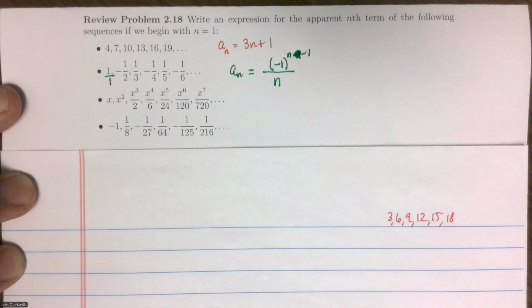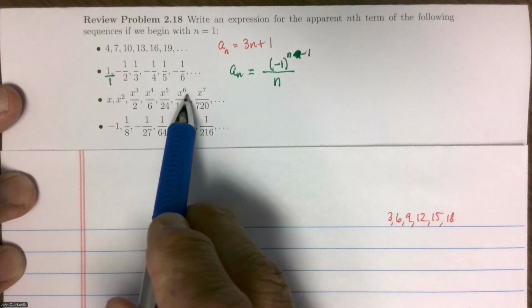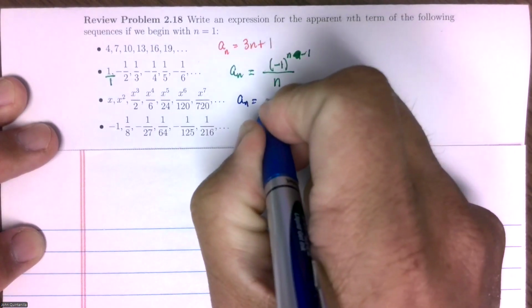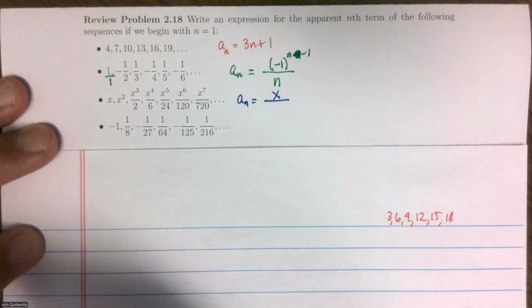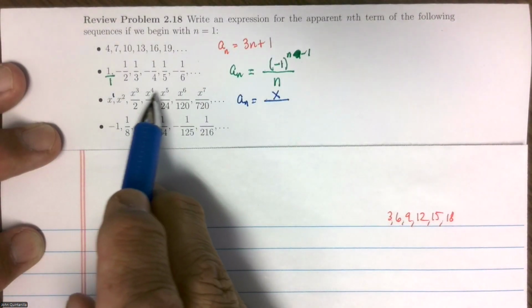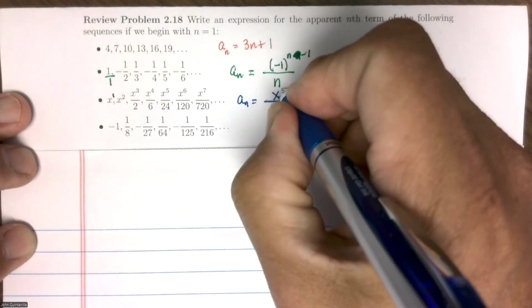The third sequence, we have x squared, x cubed, x to the fourth, x to the fifth, x to the sixth, x to the seventh. So clearly, this is going to be a fraction again. I clearly see x to powers, and I see I have x to the first, x to the second, x to the third. So the exponent is the same as the term number, so x to the n.